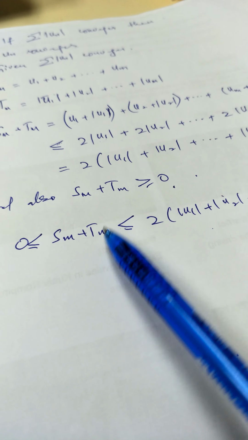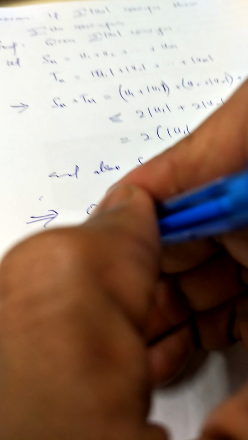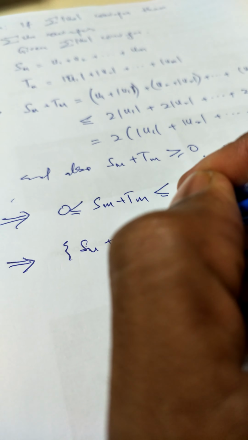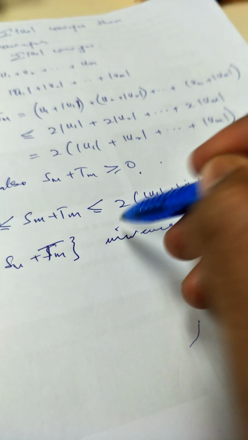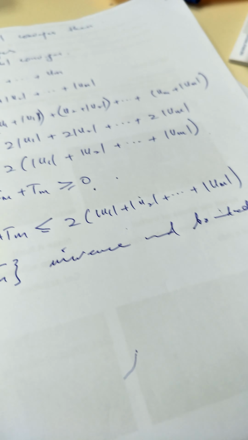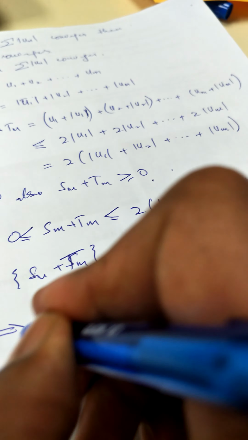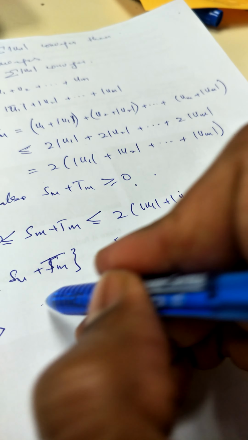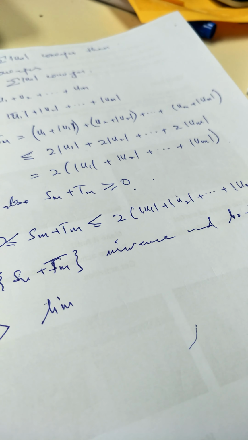It means the sequence of the partial sums is increasing and bounded. If it is increasing and bounded, therefore it converges, so the limit exists.